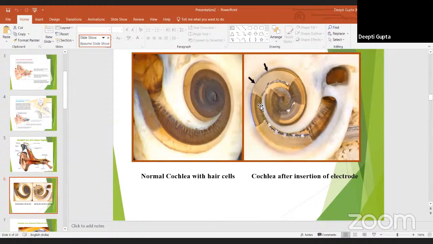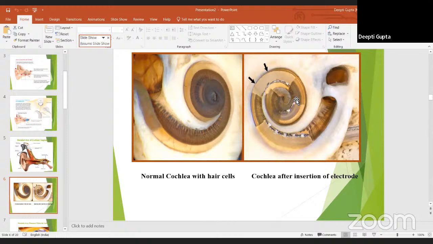So we can simply see that even if we don't have hair cells, with the help of electrodes, these are the electrodes, they can give the facility of the hair cells. We can replace the hair cells with these electrodes.